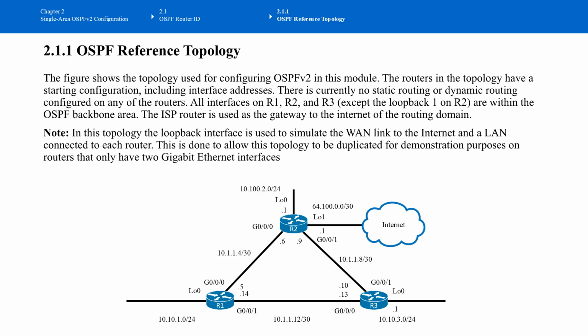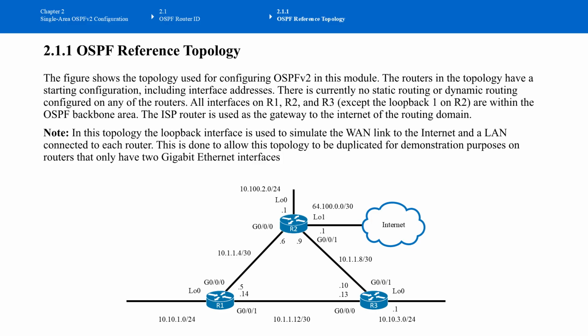Each router has already been assigned IP addresses on its interfaces, with no routing configured yet. This means there are no static routes and no dynamic routing protocols running on any of the routers. At this point, each router only knows about its directly connected networks.